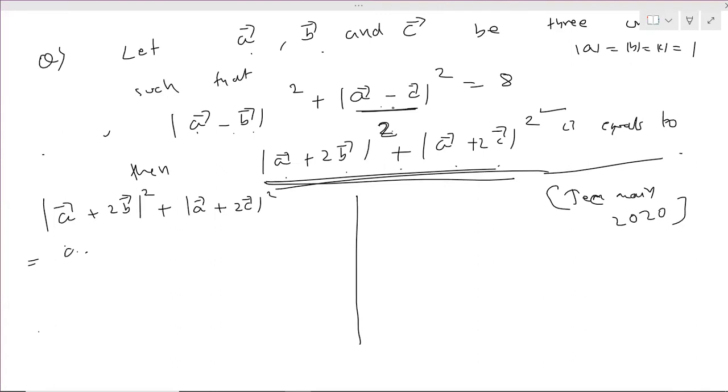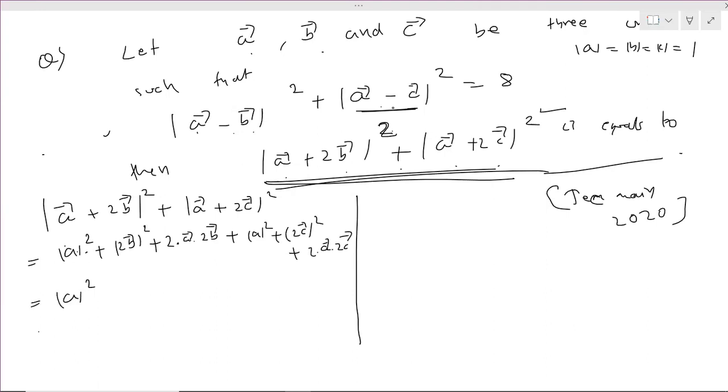I can open this. This is mod A square plus 2B mod square plus 2 times A dot 2B. And this is mod A square plus 2C mod square plus 2 times A dot 2C.